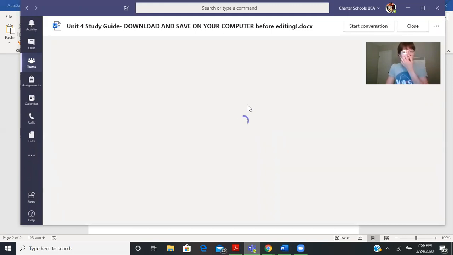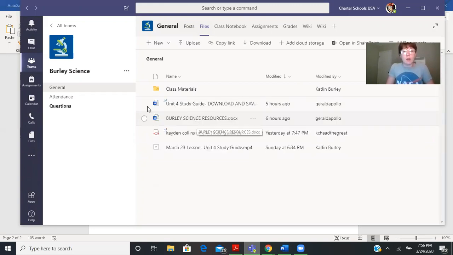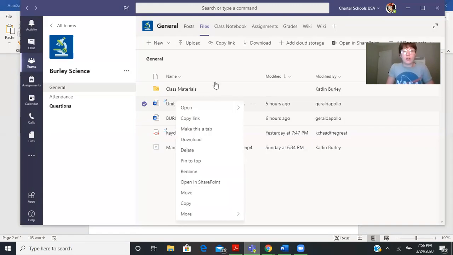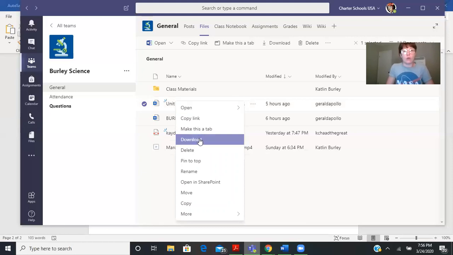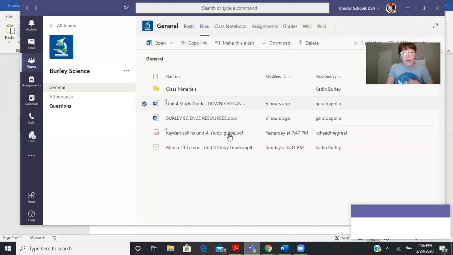Let's go back and look at that. So you need to download it. So you can go ahead and click the button. You can right click and hit download or hit download up here. But all of these right here, if you're one of these people, it means that you uploaded your study guide under My Files and edited My Files.